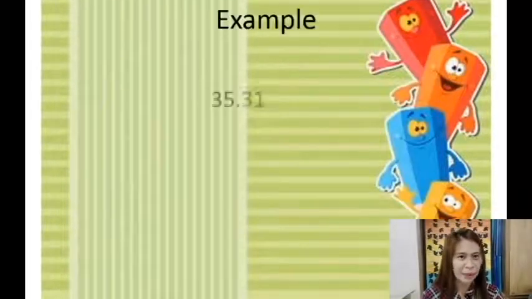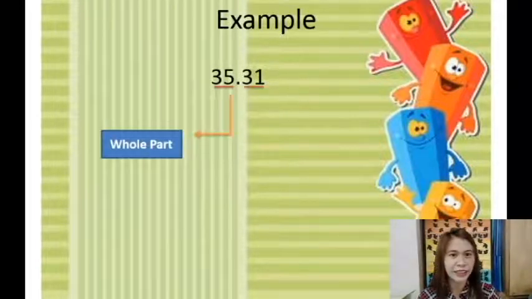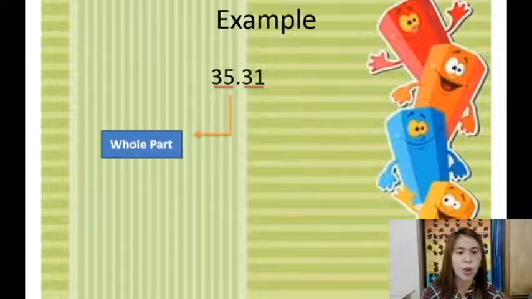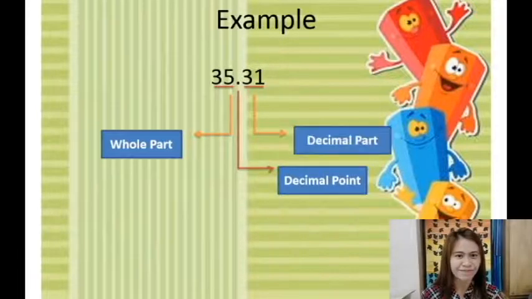So, example, 35.31. Okay, so the 35 is the whole part, and then after the whole part, we have the decimal point, and then after the decimal point is the decimal part.